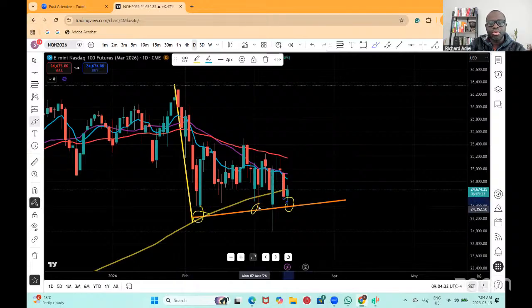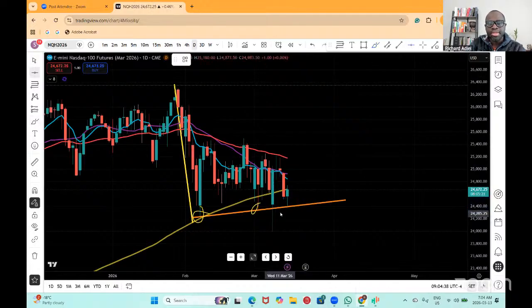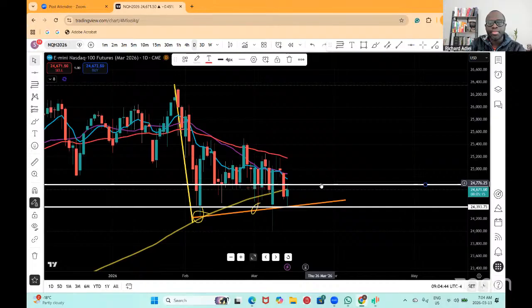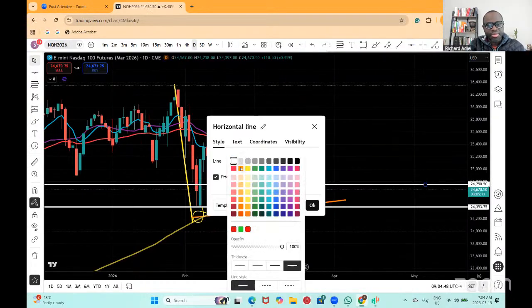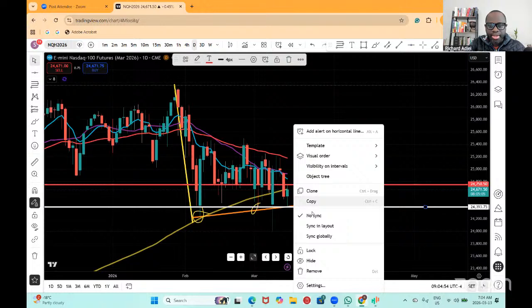We have triple support. What we need to do is hold this support area. This is the futures market high and low, and we are going to see how price is going to behave over there. Put this as red, put this one too as red.